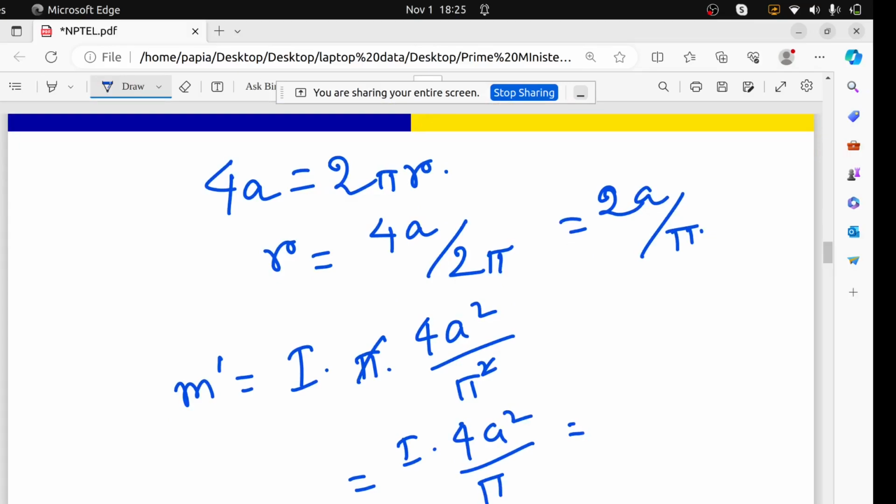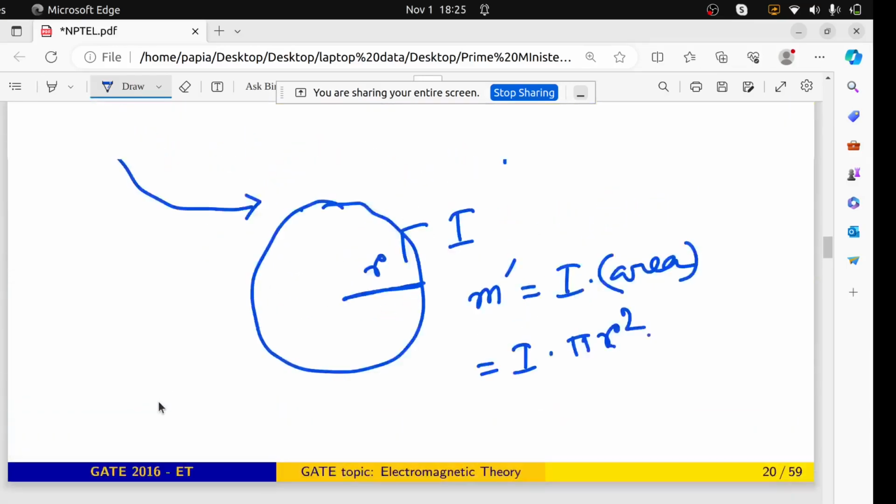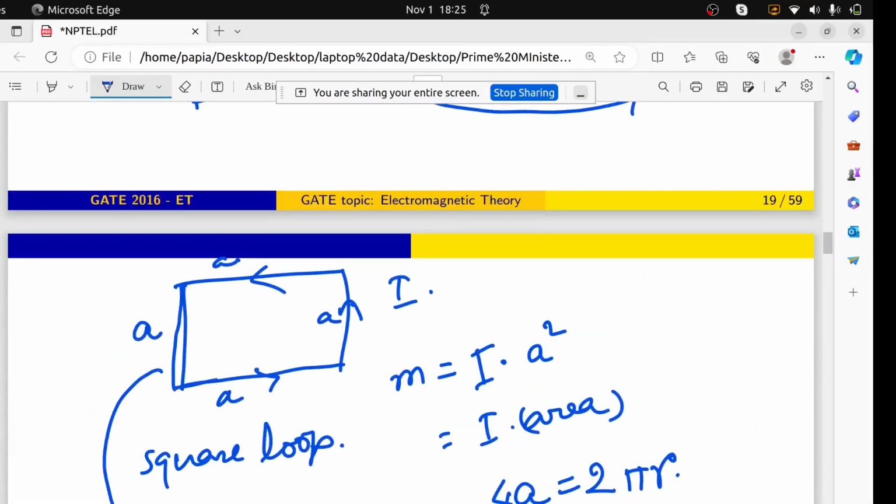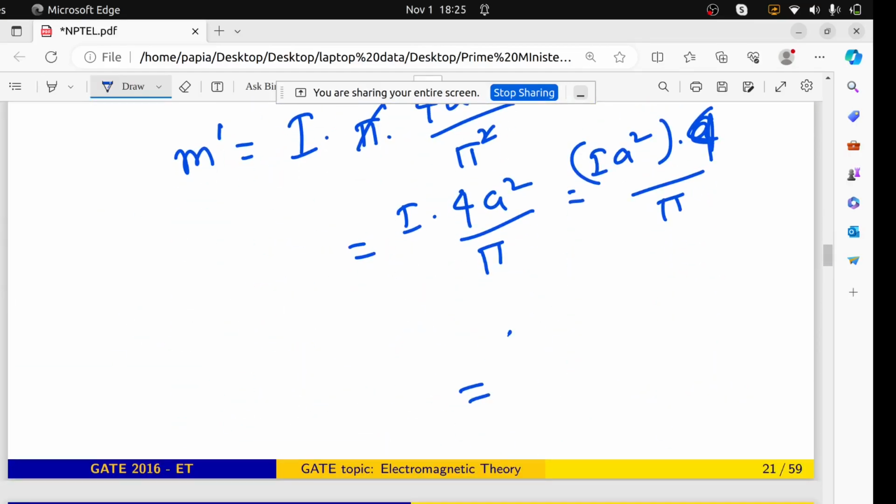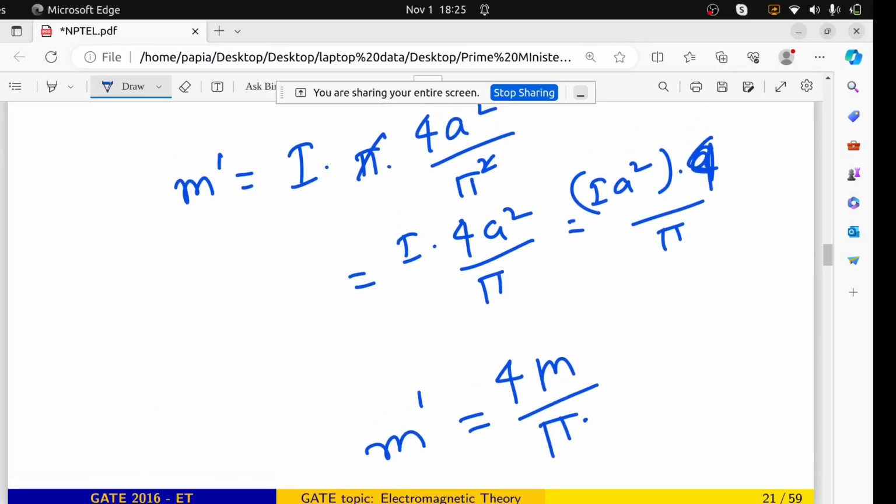Just remember, I into A square into 4 divided by pi. So what is I into A square? I into A square is nothing but M. So if I write 4M divided by pi, that will be our M prime, right? Now I got the expression of M prime in terms of M.